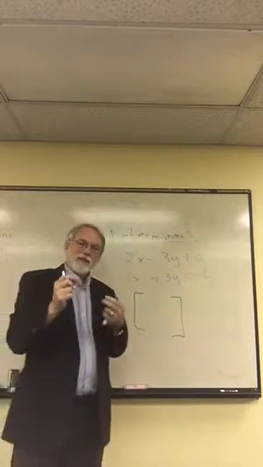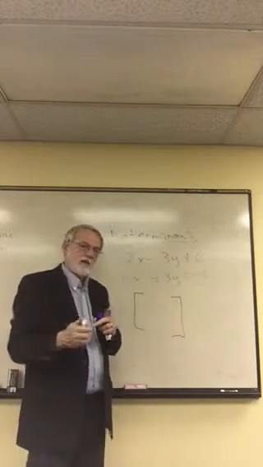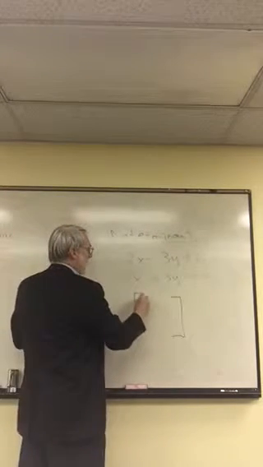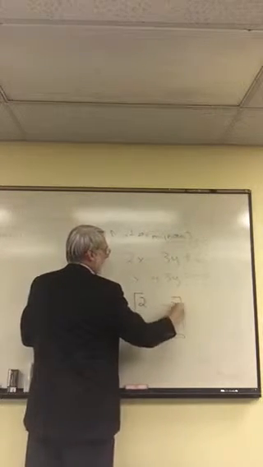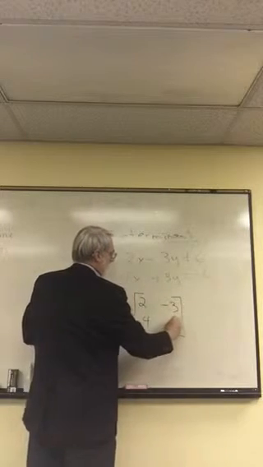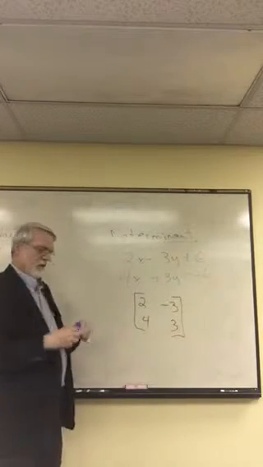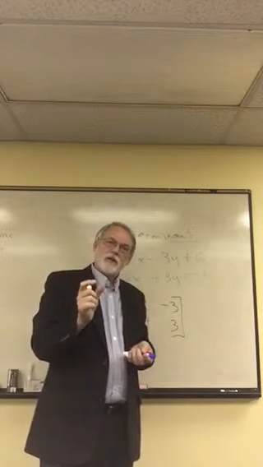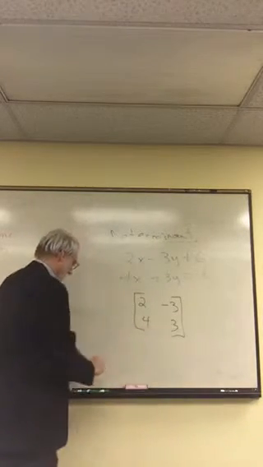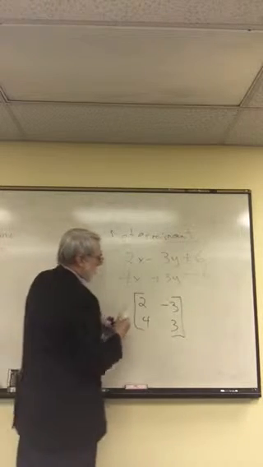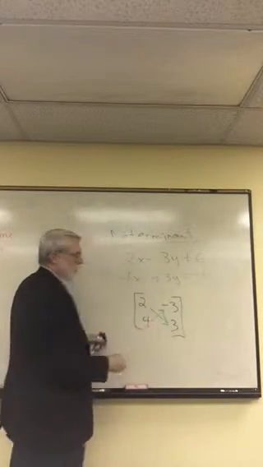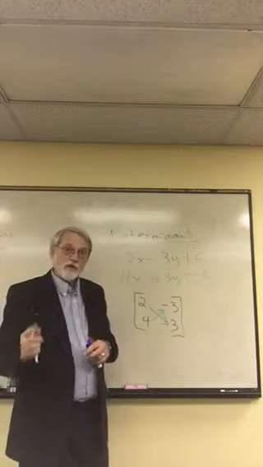And what we do is we take the coefficients of x and y and just bring them straight down, including the sign. So we end up with 2, -3, 4, and 3. And then the determinant is the difference between the cross products. So we're going to multiply here, and we're going to multiply here, and then we're going to determine the difference.